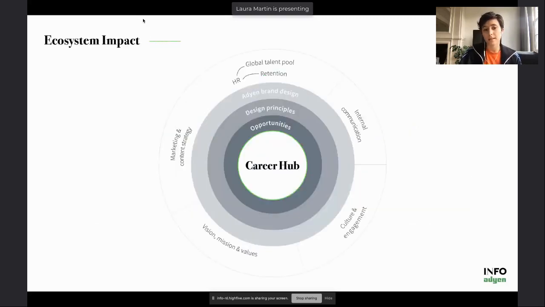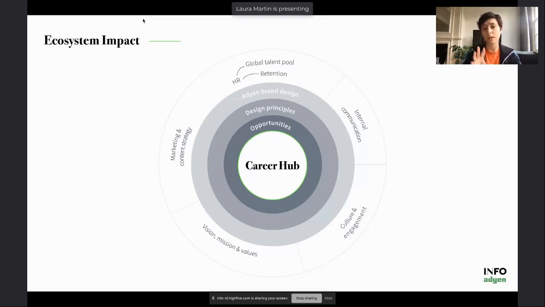Connected to this, the Career Hub will probably be the first interaction with Adyen for many people, like for the first time. So it really needed to represent not only the product, but the company, the people, the culture. So the sphere of influence was bigger than just HR processes.